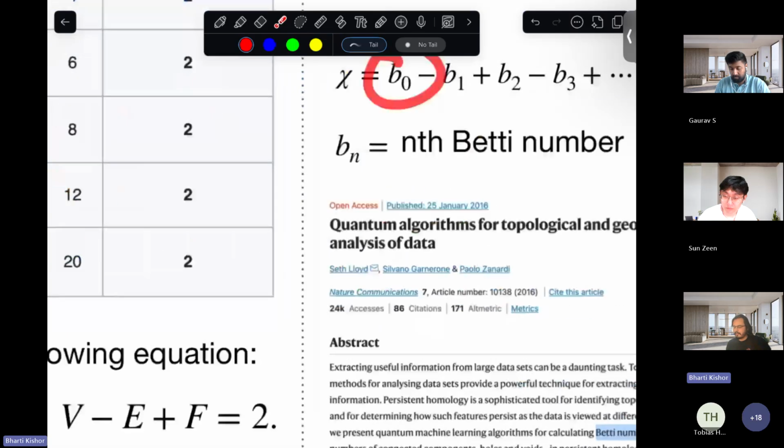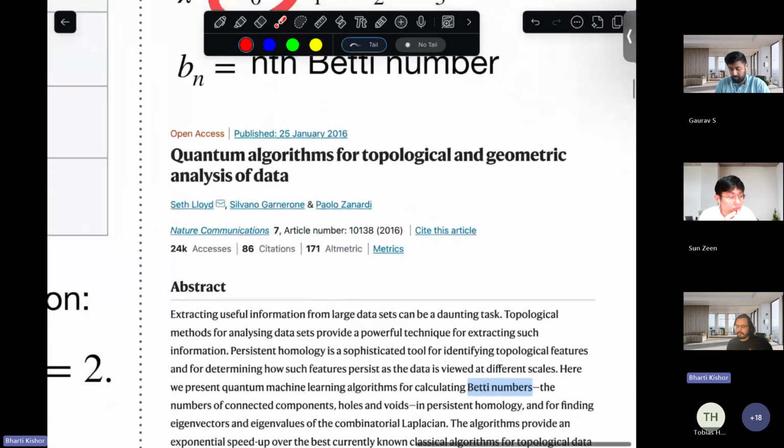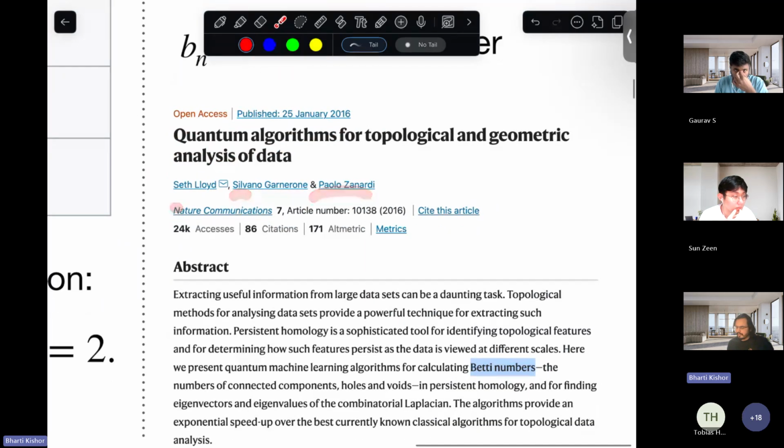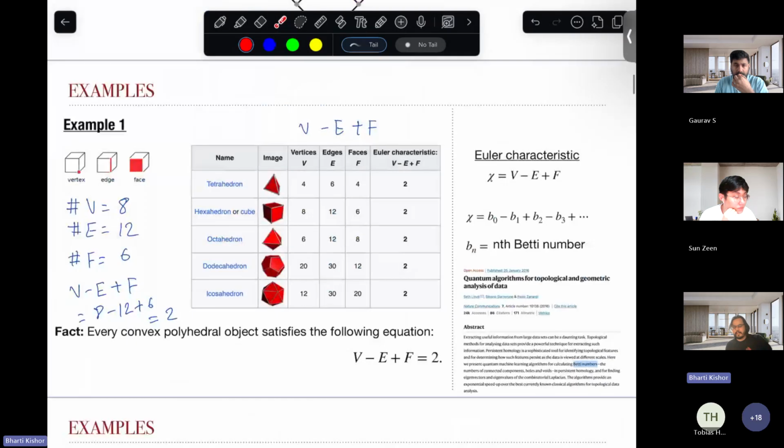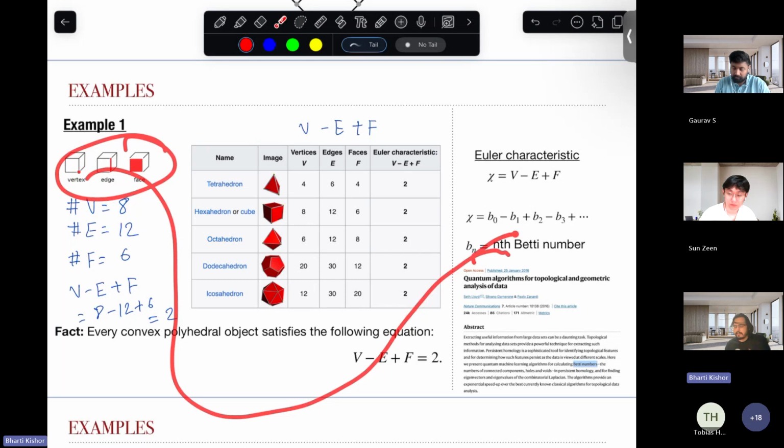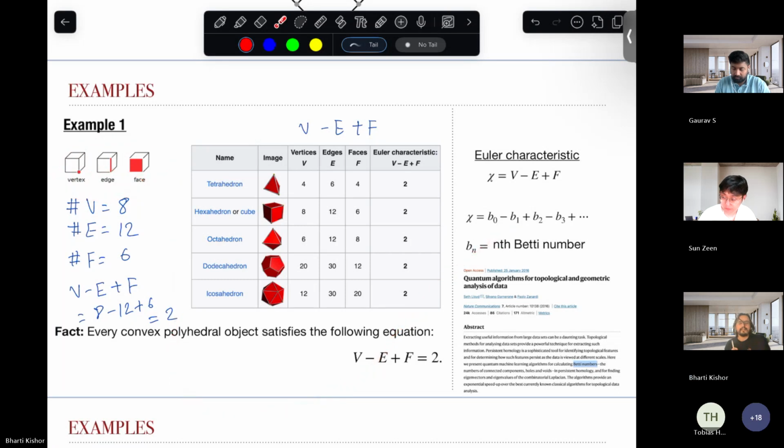For example, many of you might have seen this paper, if you're interested in quantum algorithms, by Seth Lloyd, Silvano Garnerone, and Paolo Zanardi, where they calculate Betti numbers. So you see that starting from something very simple like a cube, there is a connection which goes up to Betti numbers. I think you might find this interesting.